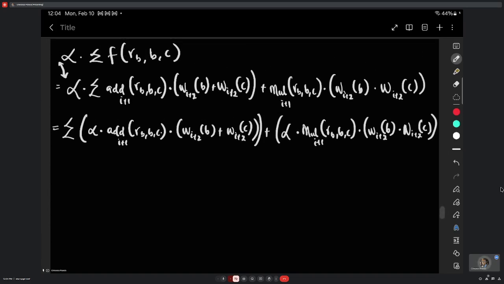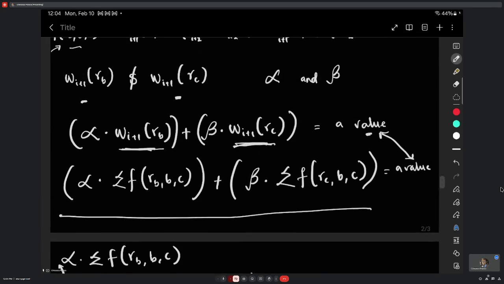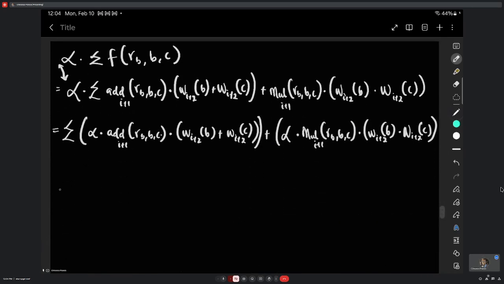Let's look at beta. So this is beta times add I plus 1 at (rc, bc), right?